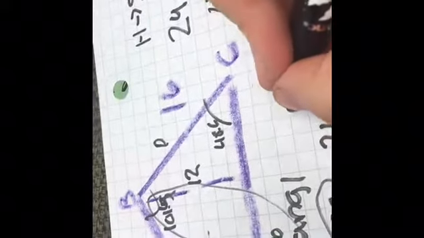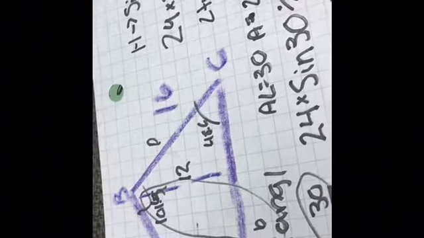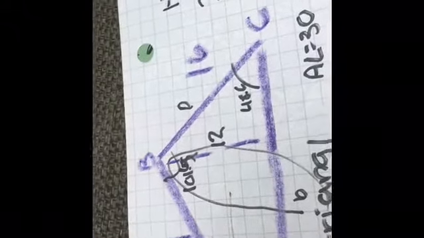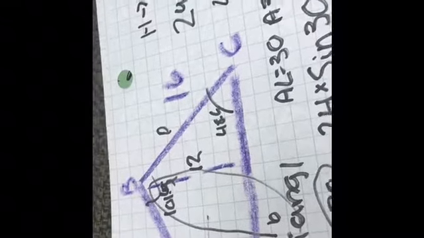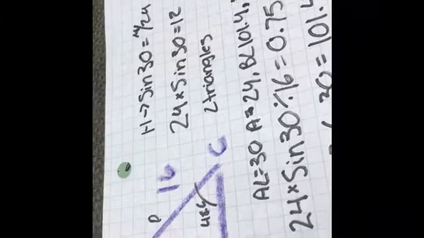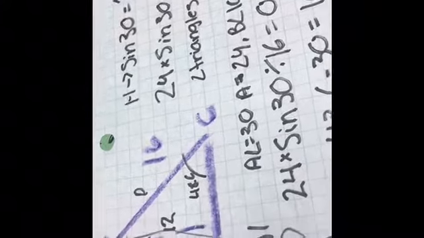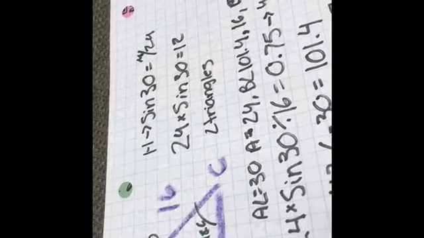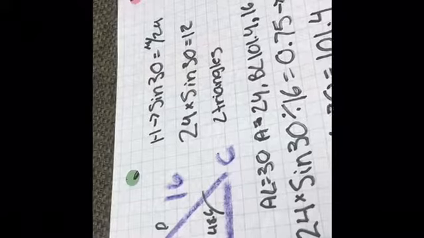Now if we look here, we can show what all of our stuff is. So we know our A angle equals 30, our A side equals 24, our B angle equals 101.4, our B side is 16, our C angle is 48.6, and the side is 7.84.